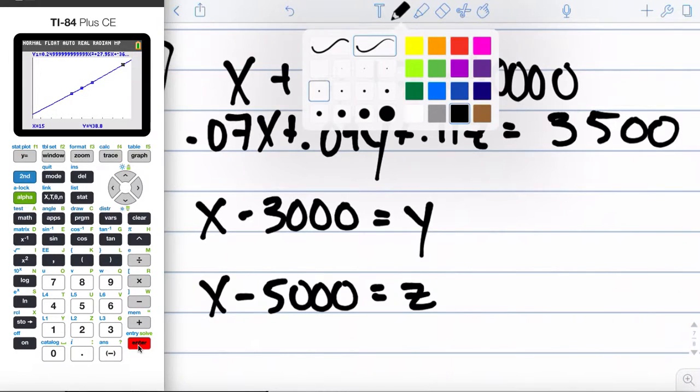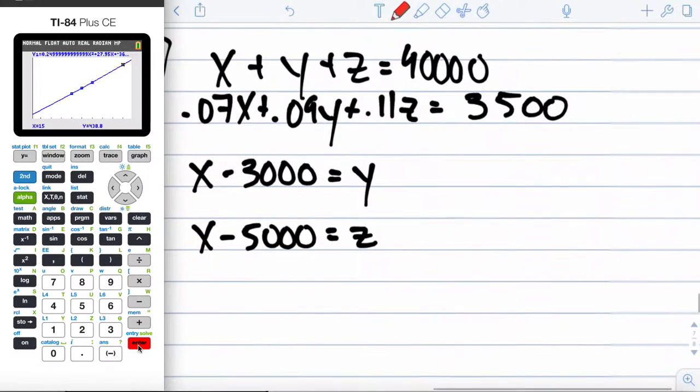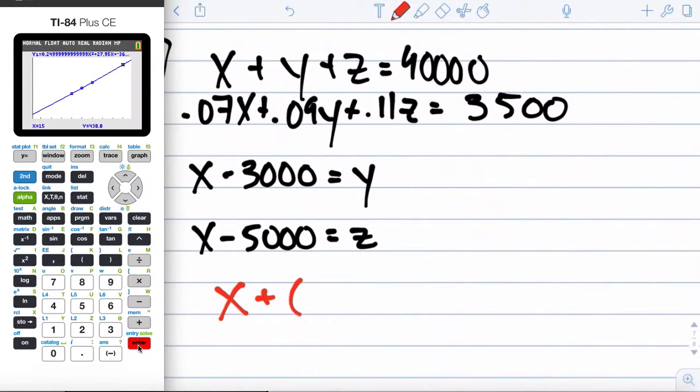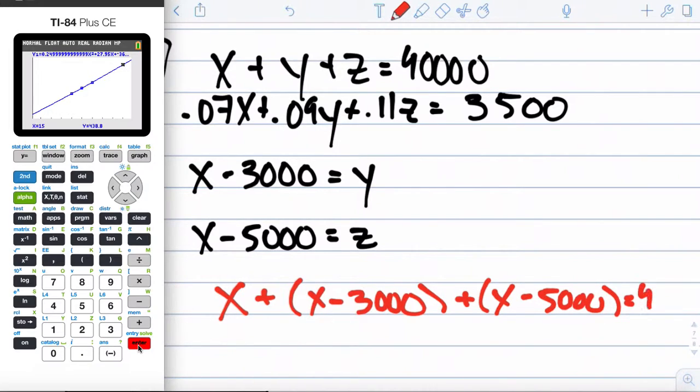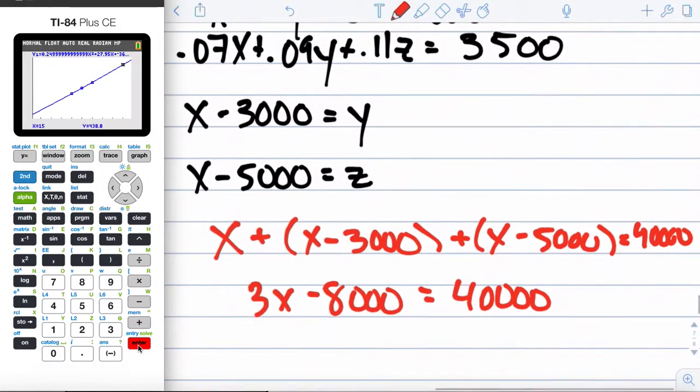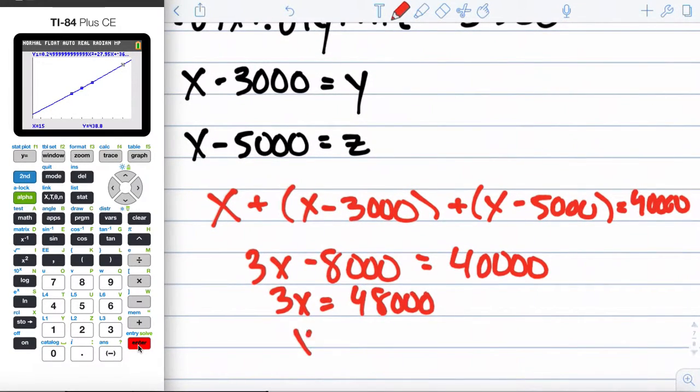Okay, so I can take those two facts and plug them into the original. X plus x minus 3,000 plus x minus 5,000 equals 40,000. Okay, so I'll get 3x minus 8,000 is equal to 40,000. So I'll get 3x is equal to 48,000, or x is equal to 16,000.